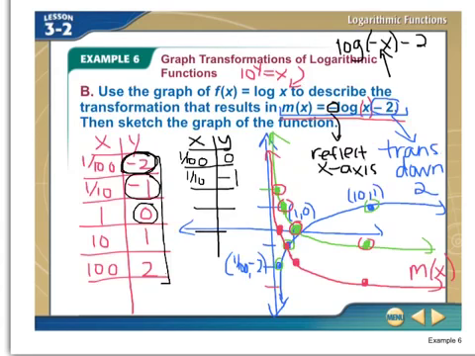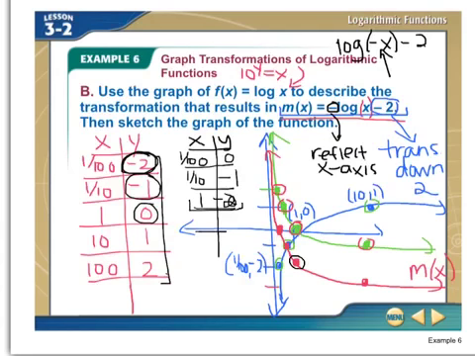Here, this point actually stays the same at 1, comma 0. But then we shift it down 2, so our ordered pair should be 1, -2. Right? That's this point right here.